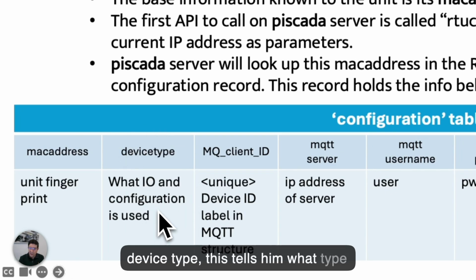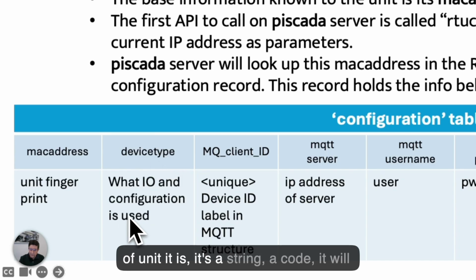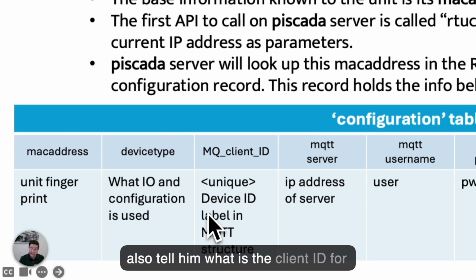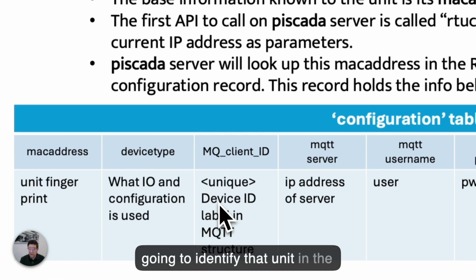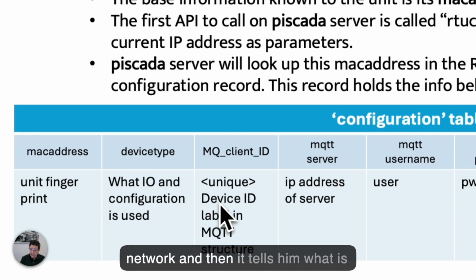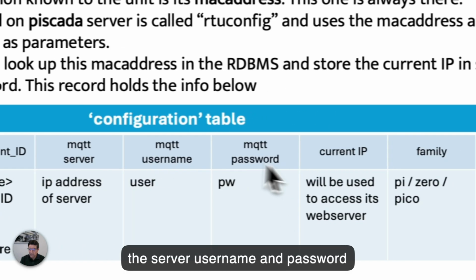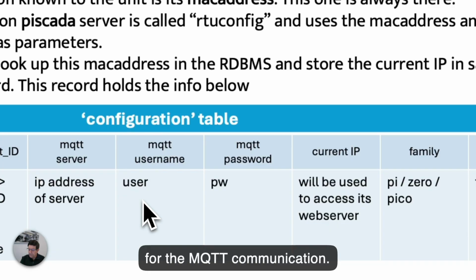This tells him what type of unit it is. It's a string, a code. It will also tell him what is the client ID for MQTT communication. That is a unique name that is going to identify that unit in the network. And then it tells him what is the server username and password for the MQTT communication.